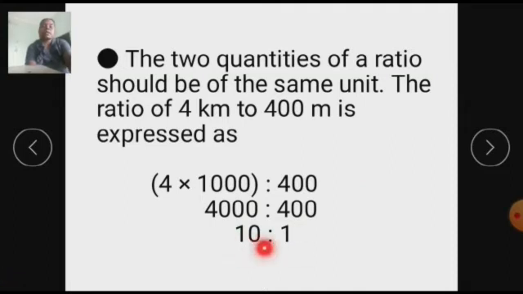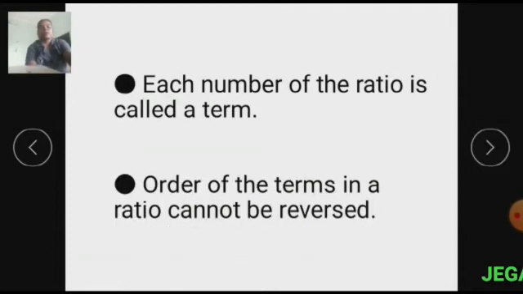Here 10:1 is the simplest ratio form. Property 3. Each number of the ratio is called a term. Property 4. Order of the terms in a ratio cannot be reversed.